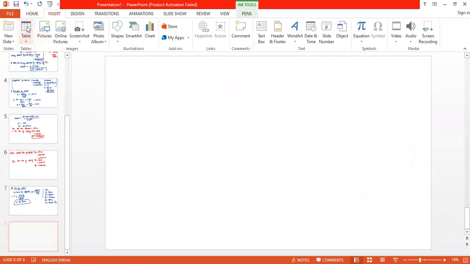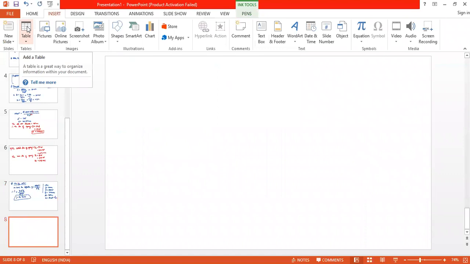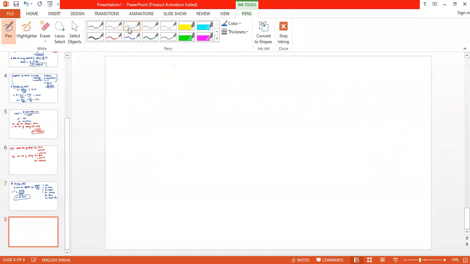Okay. Next, we need to find out the free length of the spring. Free length means if there is no load on the spring, what will be the length of the spring.